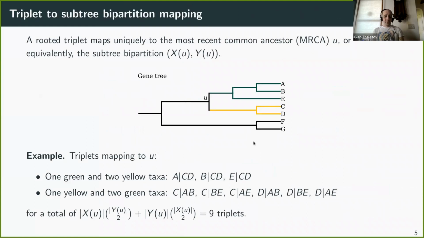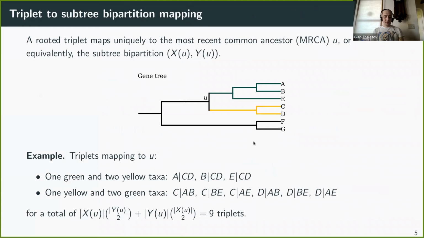The first one is to actually just find an identification between the triplets in a tree and some kind of a node inside the tree.